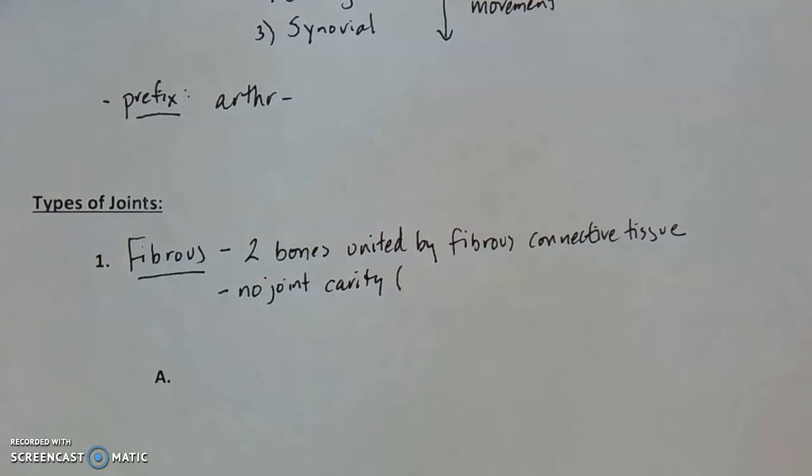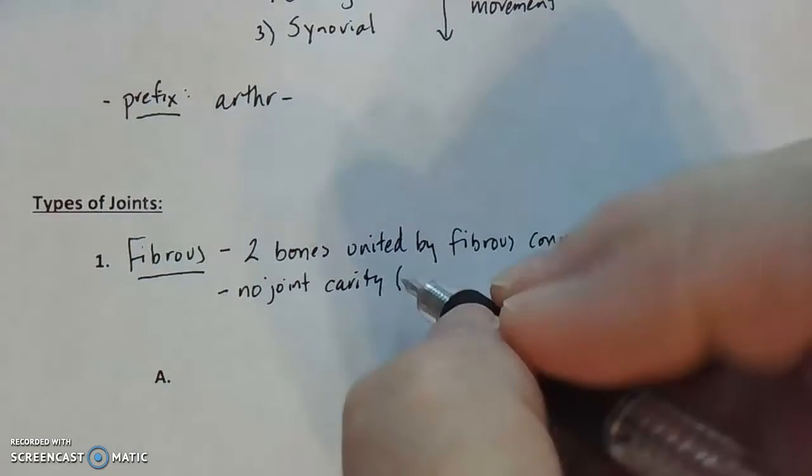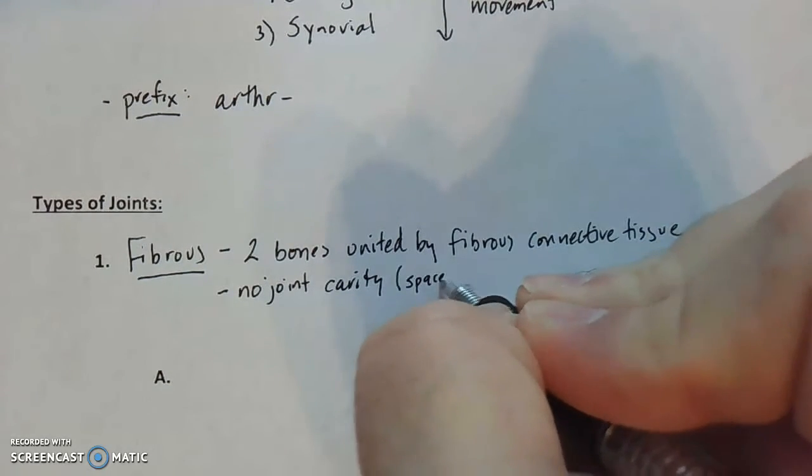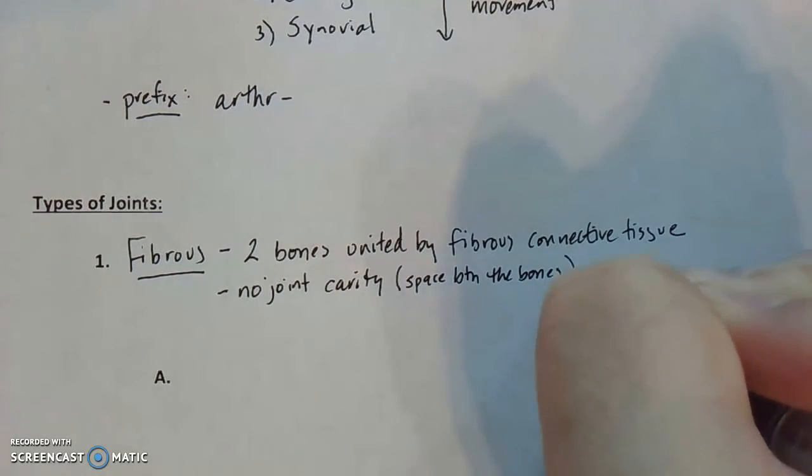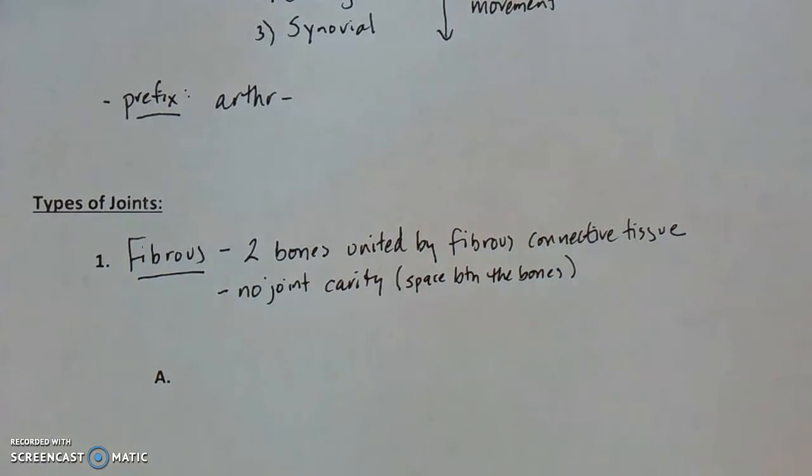So there's no joint cavity, and a joint cavity is just a space between the bones, often filled with fluid or a large piece of cartilage.